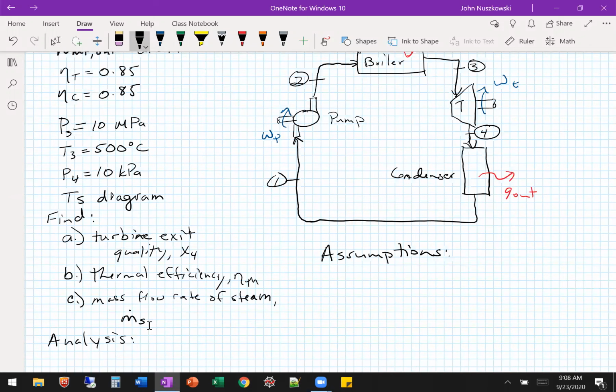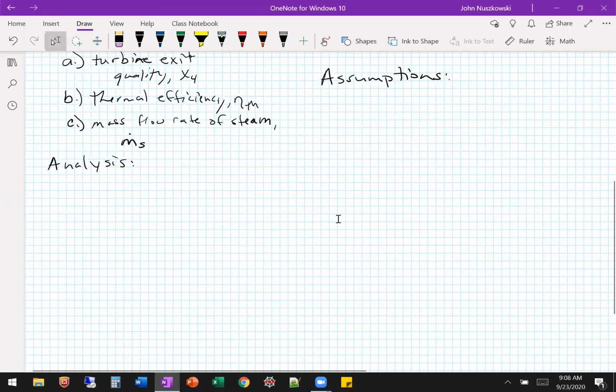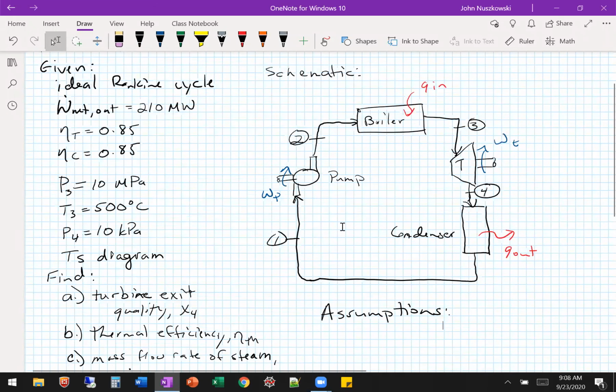All right, so then we have our schematic laid out, and they told us first off to do our TS diagram, right? It wasn't even in the signs. That's how important it was.